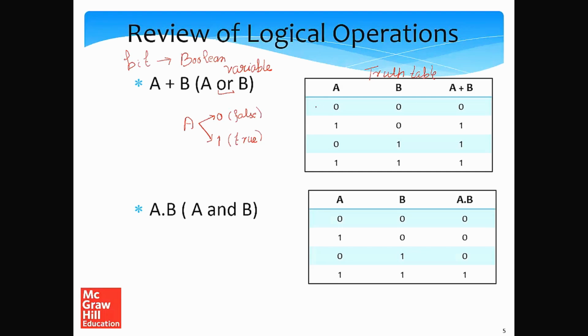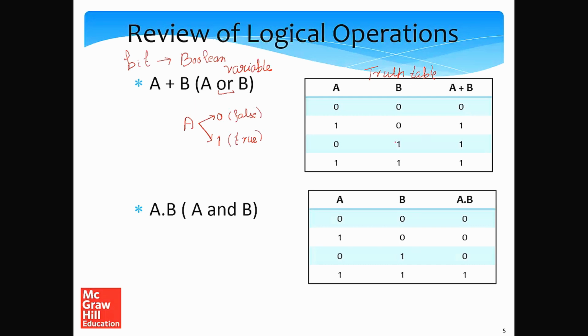As we can see from here, if A and B both are 0, which basically means both the values are false, then A or B, also written with the mathematical symbol plus, is also 0. In terms of common sense, if two friends, the name of one friend is A and the name of the second friend is B, are both saying something which is false, then we can say that the combination of A and B, both of them together, are also saying something that is false, or nobody is telling the truth.